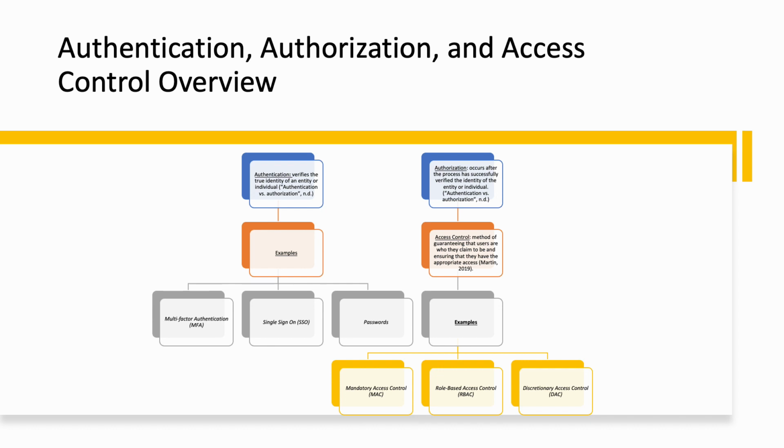Some examples of authorization and access control include mandatory access control, which is a type of policy or process in which access rights are assigned based on regulations from a central authority. You have role-based access control, which is essentially a process that assigns permissions based on a user's role, and it also follows the principle of least privilege. And then you have discretionary access control, which is a policy or process in which the data owner or end user decides on the access level. So essentially, the user assigns their own access rights to the data.